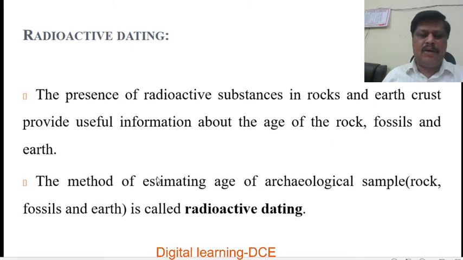The method of estimating age of archaeological samples such as rock, fossils and earth using the radioactive substances is called radioactive dating.